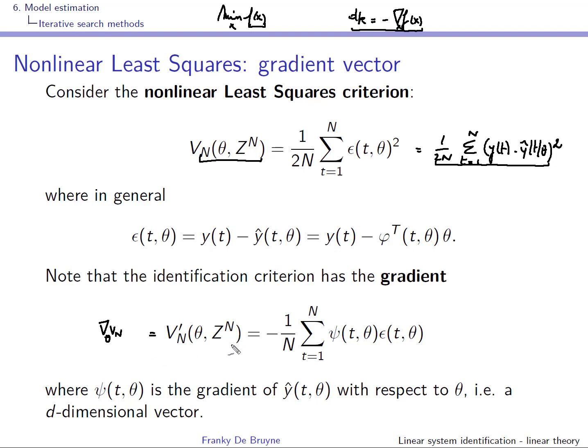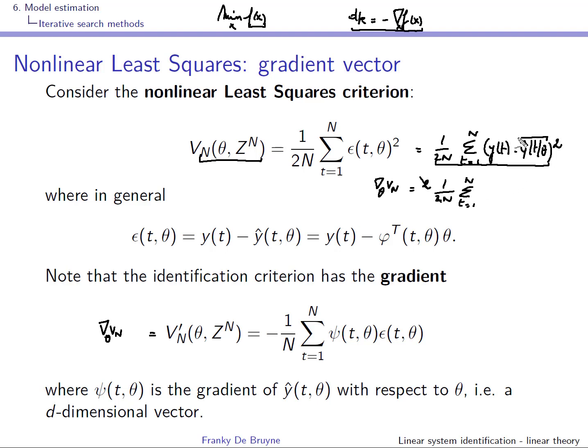This is just another notation. So if you take this gradient, what you have is, you'll take the derivative, so you'll have 2 times 1 over 2n, so these will cancel out, and then you'll have the sum t from 1 to n. So this is really the gradient here of this Vn with respect to theta.